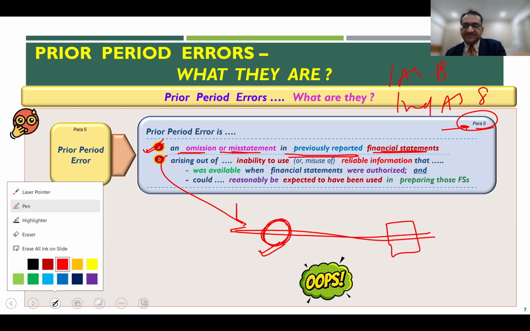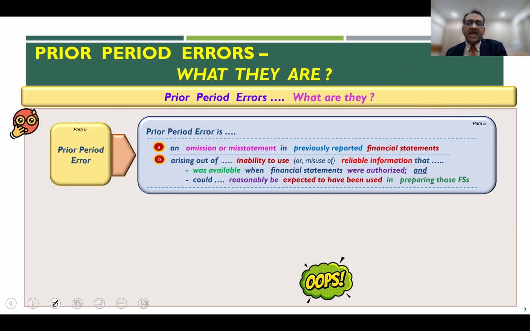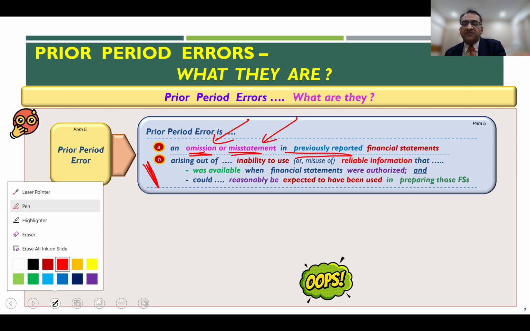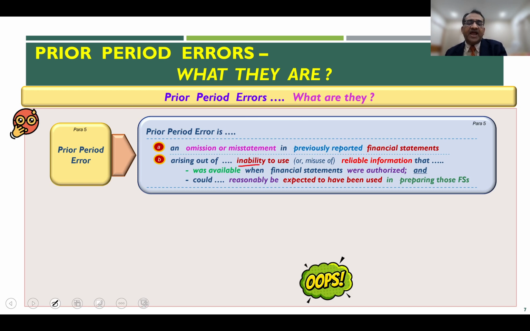So it says a prior period error is either an omission or misstatement in the previously reported financial statements. Why did those omissions or misstatements happen? Such omission or misstatement arises on account of the inability of the entity to use reliable information.